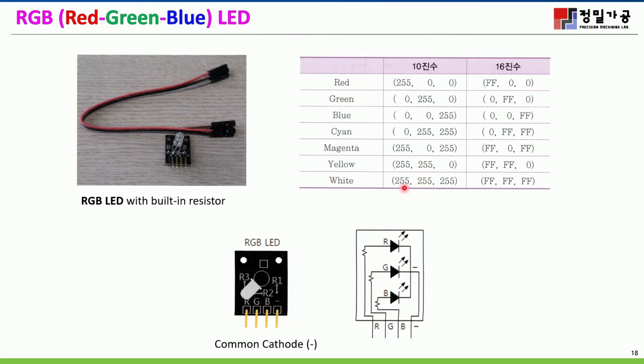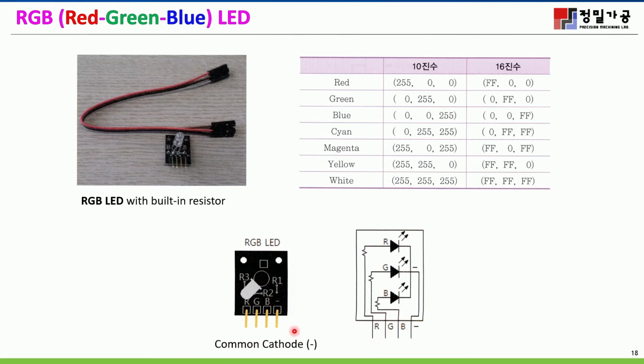If all are activated, it gives the color white. This one is a hexadecimal value. You can also activate using hexadecimal values, but I think it's easier using decimal values, 255, 255. I think it's very easy.